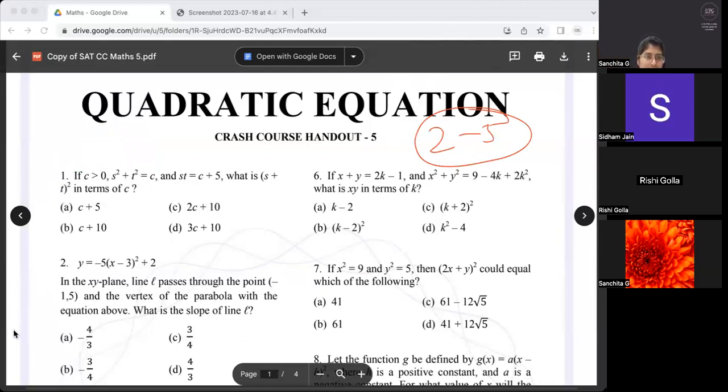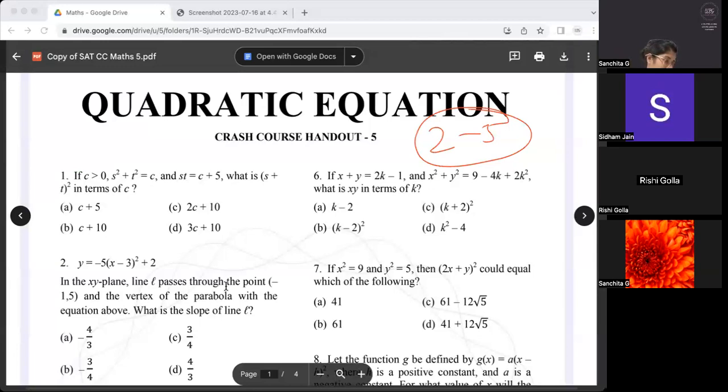Ma'am, quick question. Yeah, tell me. In the second question, you can take any point as y2 and y1 and x2 and x1, right? So it can be minus 1, 5, minus 1 can be x2, or minus 1 can be x1 as well.